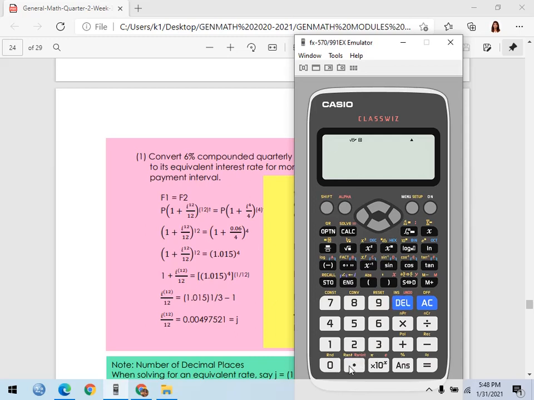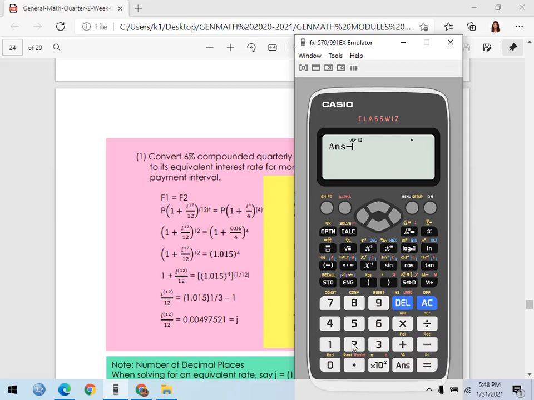Okay? Again, how to solve? Interest of 0.06 divided by 4 because it is compounded quarterly, and then plus 1, raised to 4 because again it is compounded quarterly, and then again raised to 1 over 12 kasi i-convert mo siya into monthly.